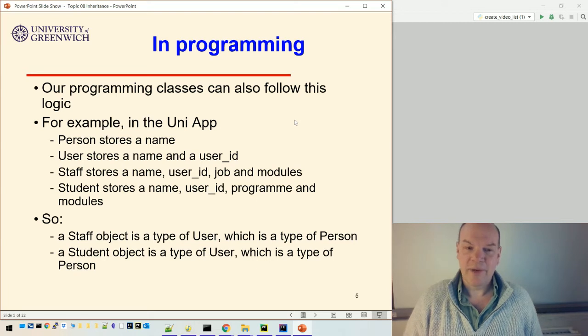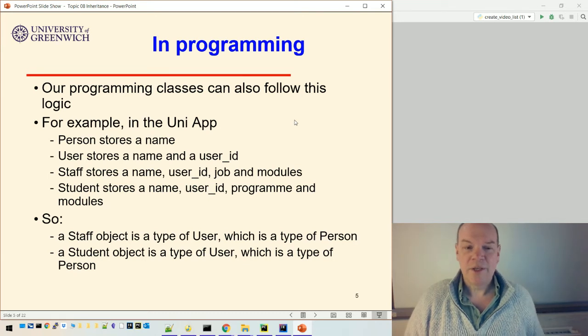In terms of the fact that it stores a name and a user ID, but it also stores some extra stuff. And a user is a type of person because a user stores the user ID, but the person just stores a name. So the person is the most general thing, but we go down to specifics where the user is a specific type of person in terms of these classes, and a staff member is a specific type of user.